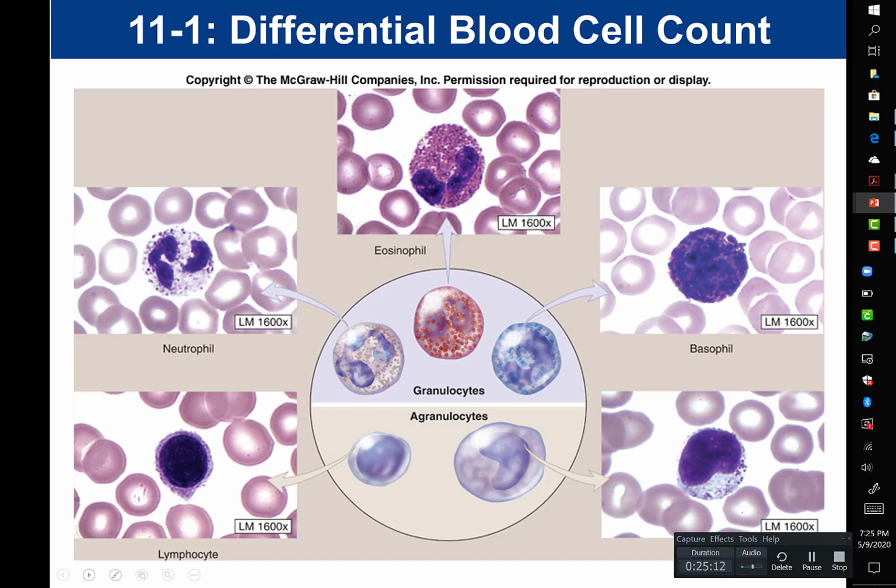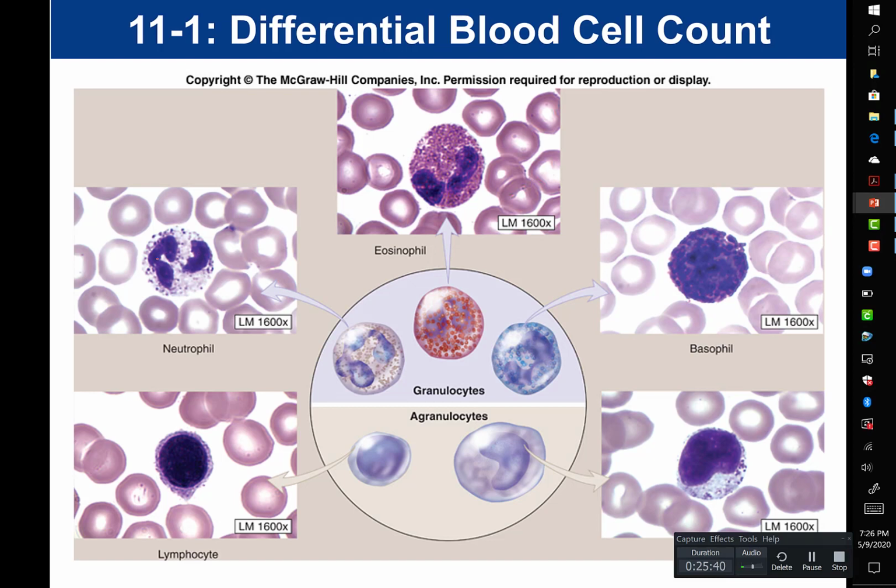So this is just showing you some different pictures of different types of white blood cells. Again, the top are going to be the granulocytes and the bottom are the agranulocytes. And you can actually see the size difference when they draw them to scale. Neutrophils are going to have this segmented nucleus, which has between 2 and 5 lobes, right?